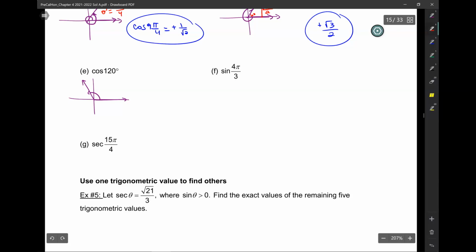Here, so theta prime is 60 again. Now, I want the cosine. That's the horizontal side. But because theta prime is 60, that's the large angle. The vertical side is the large side. The horizontal is the small side of 1/2. So that would be 1/2.